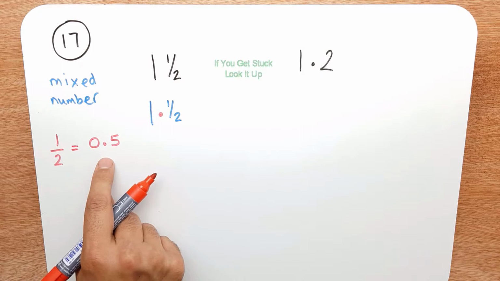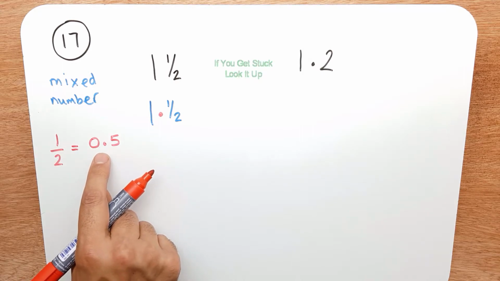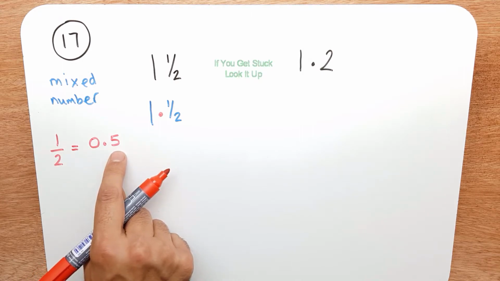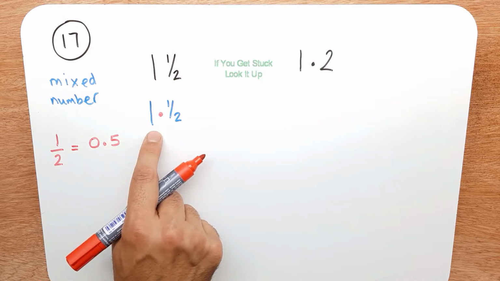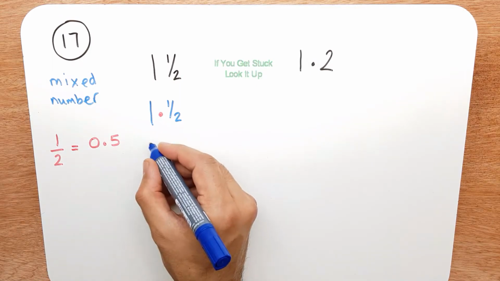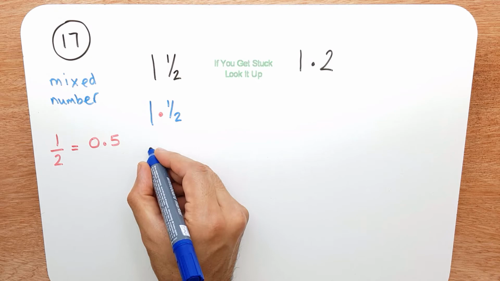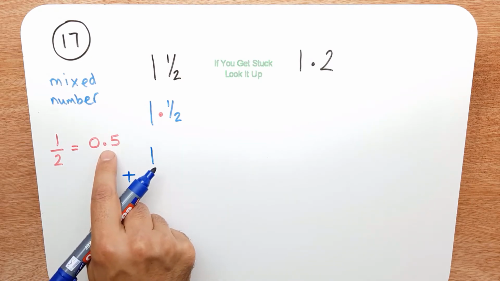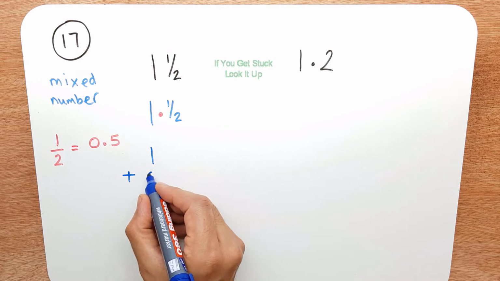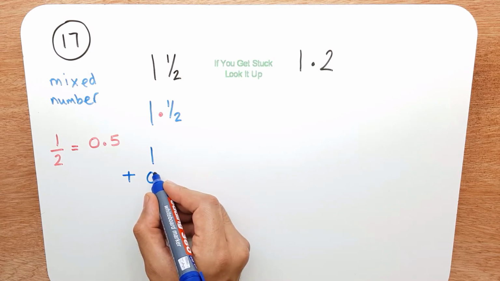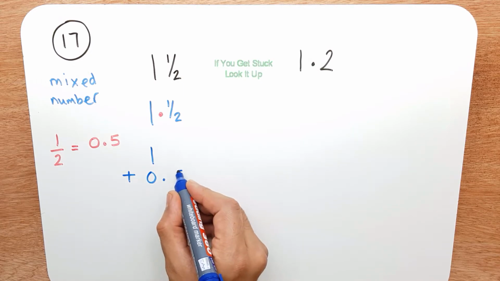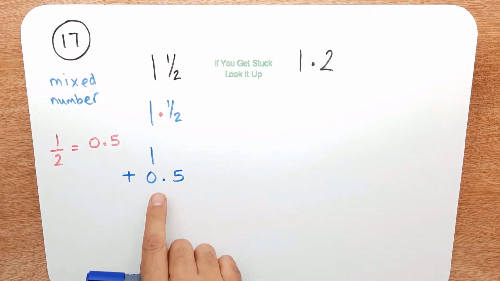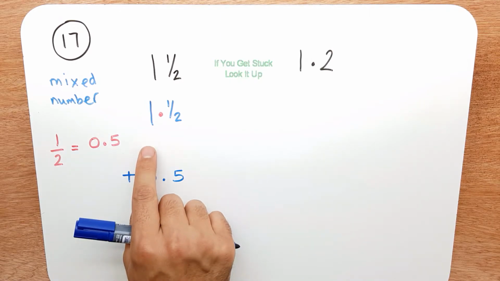Now, if we're careful, we can add this to this one. So what we have is this one plus this 0.5. So remember, all this is going on in my head. 0.5. And if you notice, I put the 0 in the ones column.